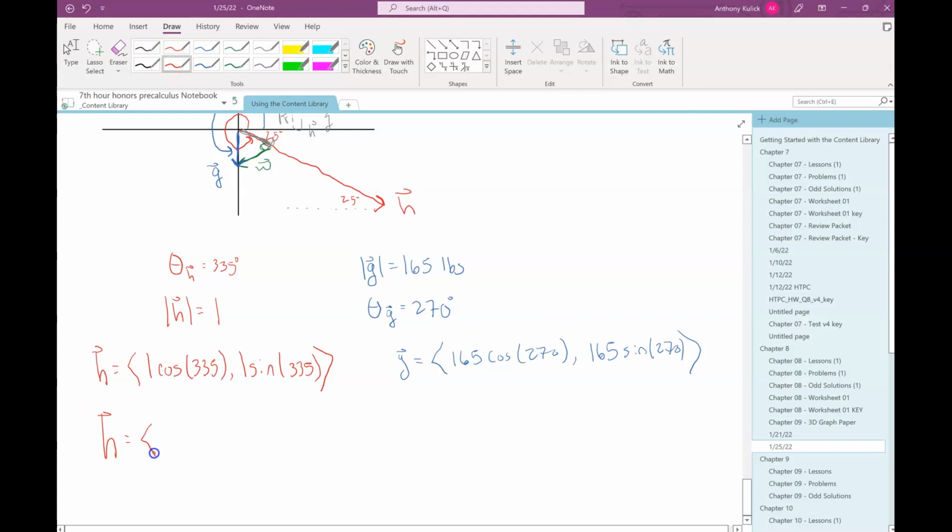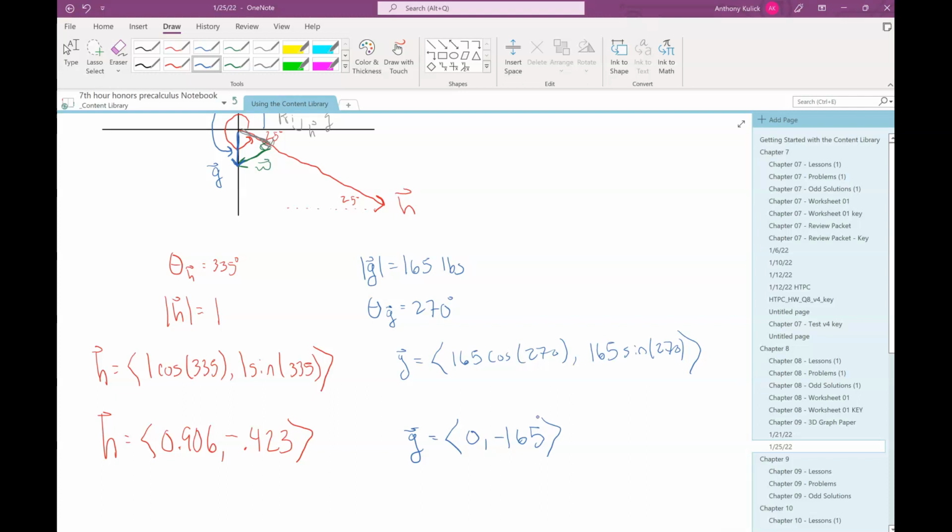So when I type this into my calculator, I get these two vectors. Notice this vector G is 0, -165, which you probably could have gotten just from looking at our picture and didn't actually need to resolve into component form.